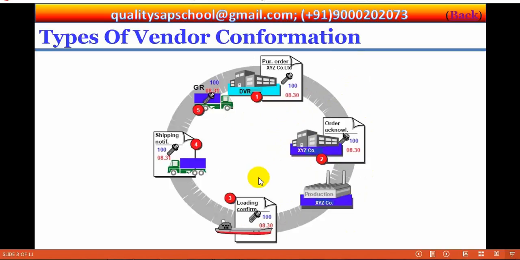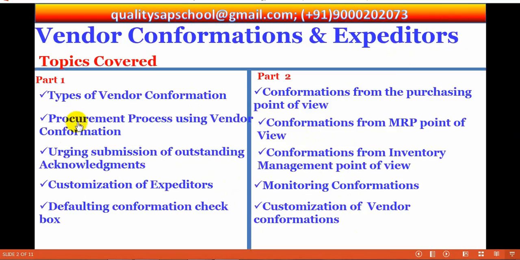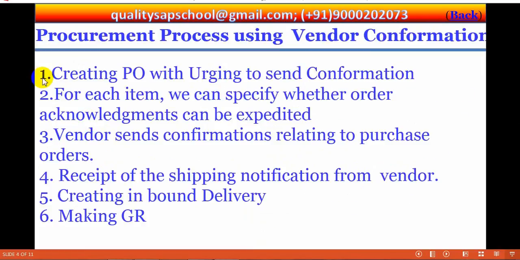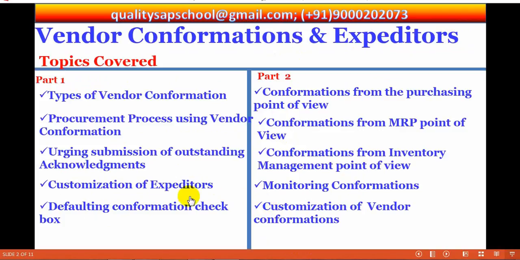We will see in SAP where the expediters are there, how they are useful. So if we go to the process, how it will be, generally the process is, first we will create the, now we will see the urging submission of outstanding acknowledgements, request for confirmations, how we are going to do it.